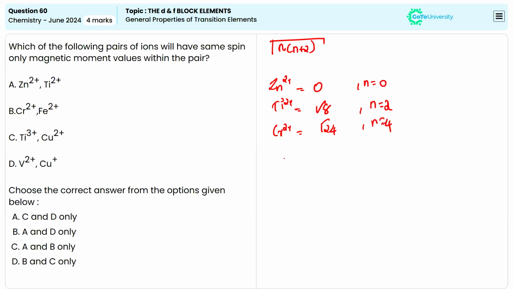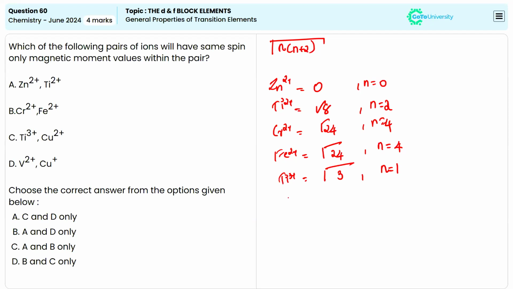This we already calculated, right? Next is Fe2 plus, you will get square root of 24 again, because n equals 4 here also. Now coming to titanium 3 plus, we will get a value of square root of 3, because n equals 1.